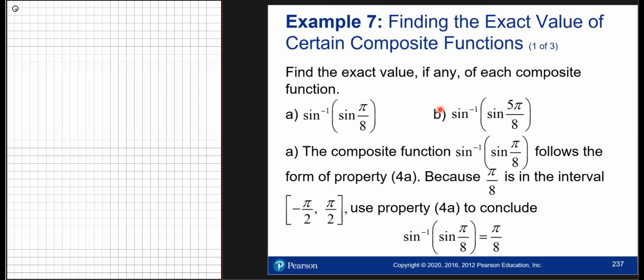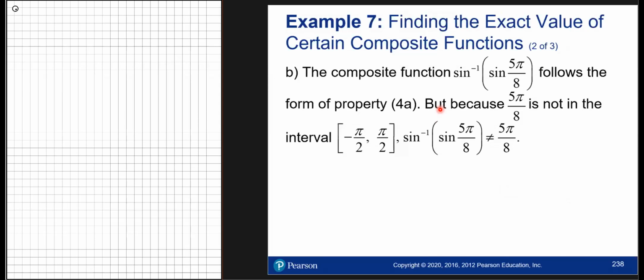Now, letter B also follows the form of property A, but 5 pi over 8 is not in that interval. 5 pi over 8 is larger than pi over 2, so it does not equal pi over 8.